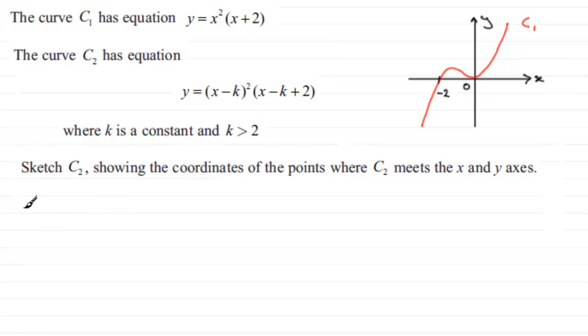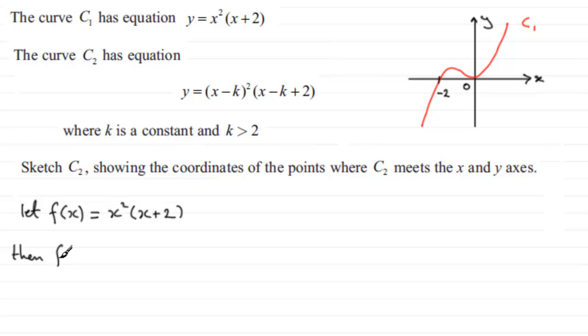If I was to let f of x, say, equal the equation of the curve C1, in other words x squared (x plus 2), then for C2, what I'm doing is replacing any x in this equation with x minus k.